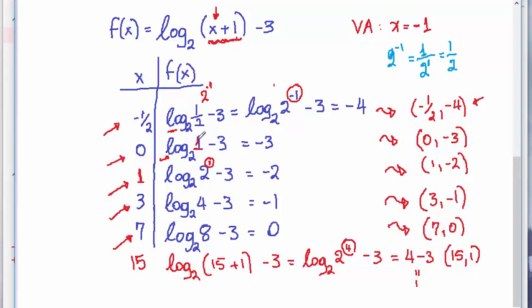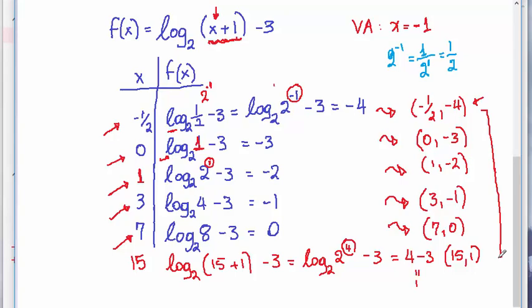The log of 1 is going to be equal to 0, because log of 1 is always 0 no matter what the base is. So you have 0 minus 3, which is negative 3. In the same way, I found all the rest of the numbers, and I produced the points that you see on your screen.